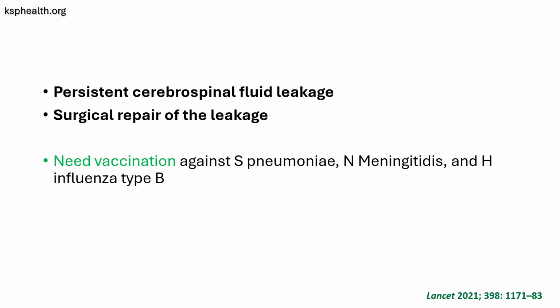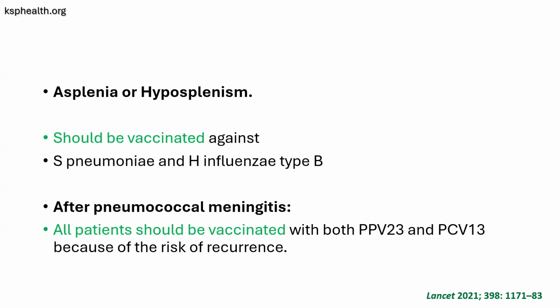In addition, one needs to vaccinate them against strep pneumo, Neisseria meningitidis, and H. flu type B. In patients with asplenia or hyposplenism, they should be vaccinated against strep pneumo and H. flu type B. All patients with pneumococcal meningitis should be vaccinated with PPV23 and PCV13 because of the risk of recurrence. The recurrence is about 7% in pneumococcal meningitis.